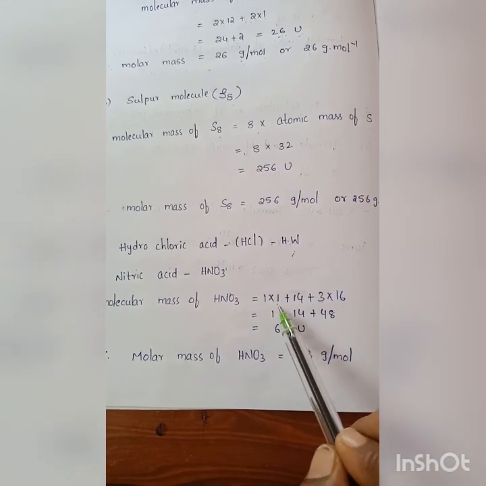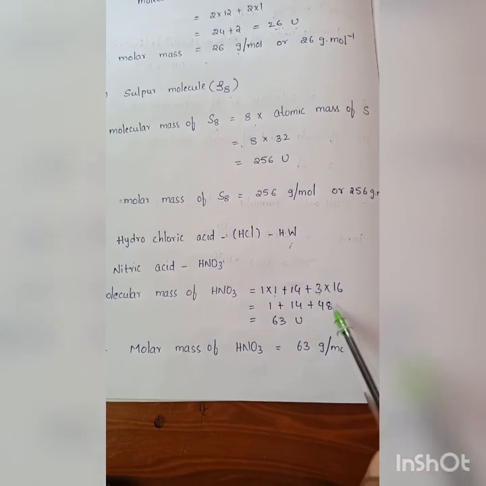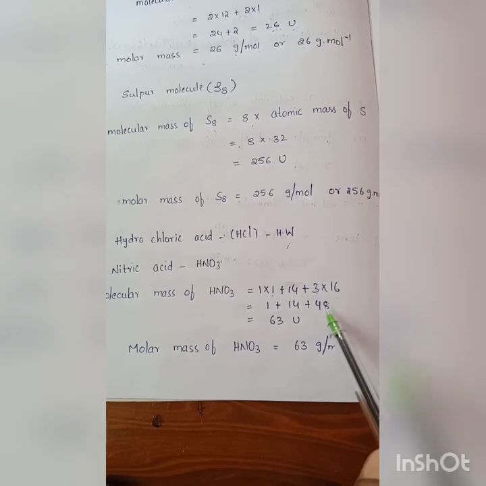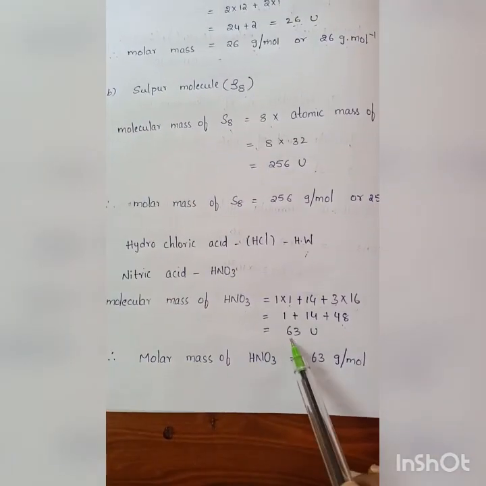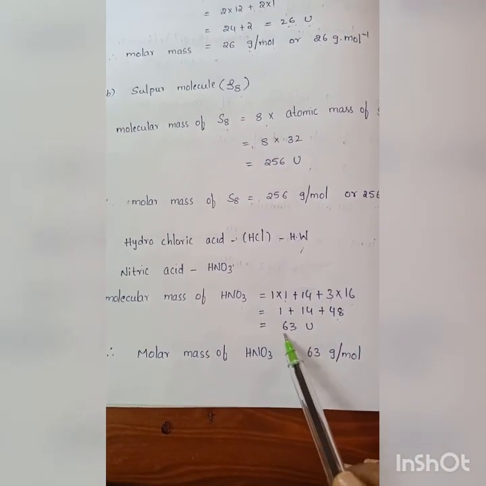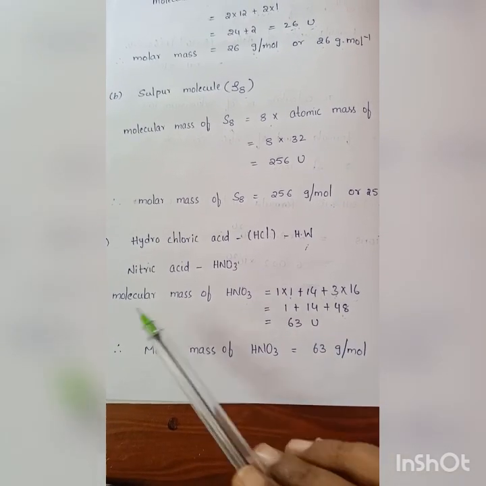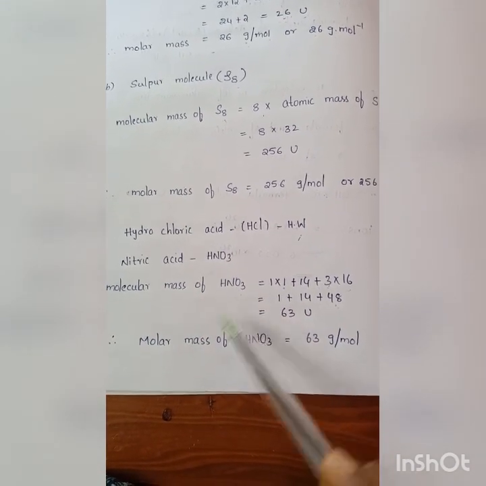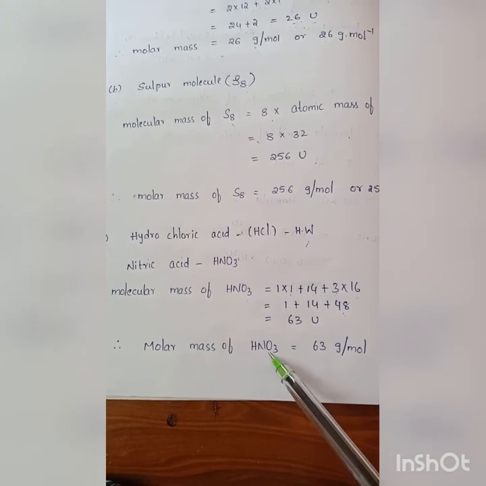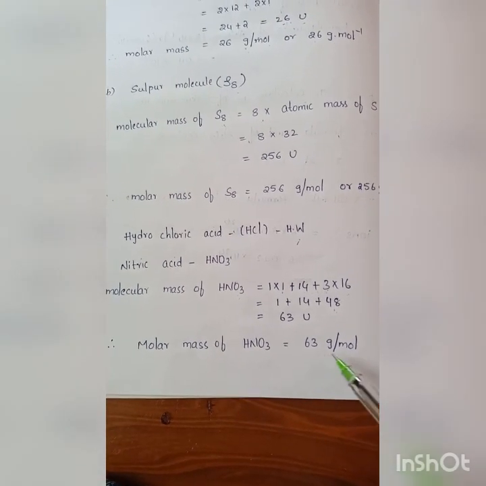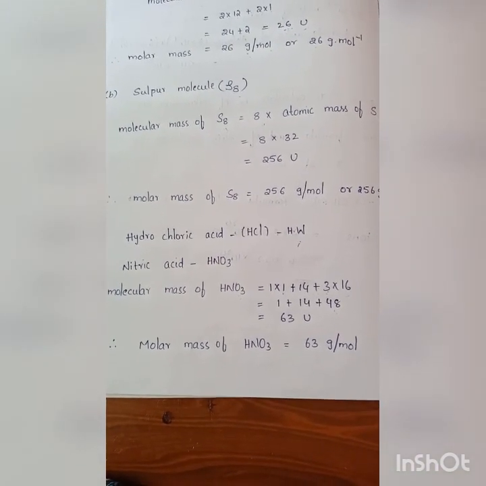Now simplify this. 1 plus 14 plus 48. 3 into 16 is 48. 63 u. 63 u is the molecular mass of HNO3. Now the molar mass of HNO3 is 63 gram per mole.